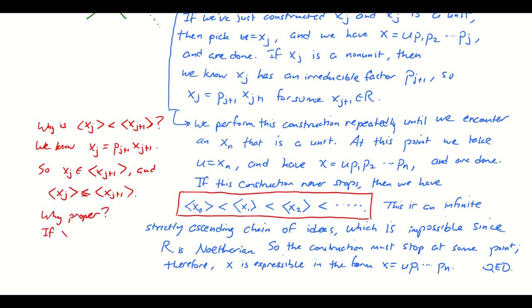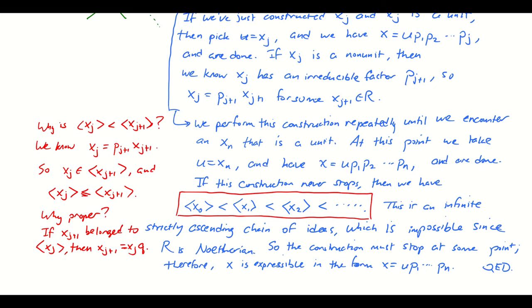Well, if xj plus 1 belonged to the ideal generated by xj, then we'd have xj plus 1 equals xj times something else. And I'm trying to make sure we don't reuse a symbol. I think we can use q here, times some q.